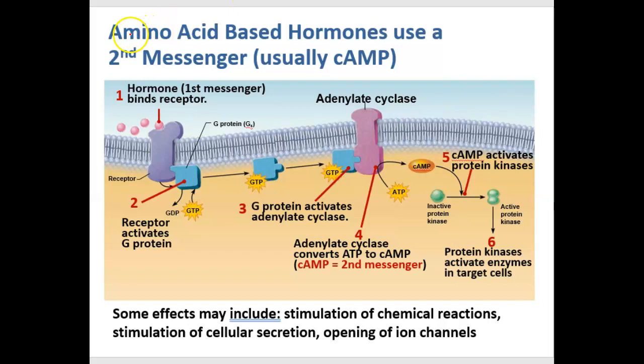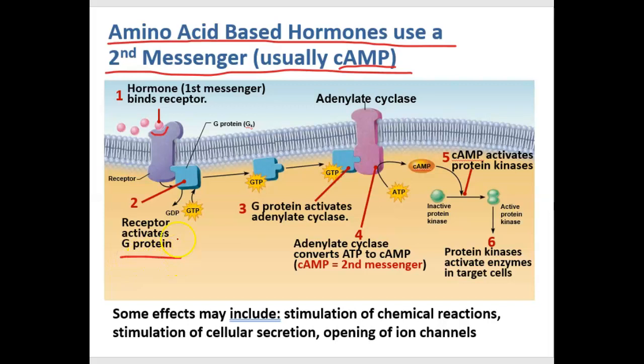Amino acid based hormones or peptide hormones use this second messenger system. Often it's cyclic AMP, and you've seen this before, but it's never less complicated the second time, maybe by the 10th time. So we'll go through this idea of cyclic AMP being initiated by a cell surface receptor. So first, the peptide hormone binds to the cell surface receptor. That's number one.